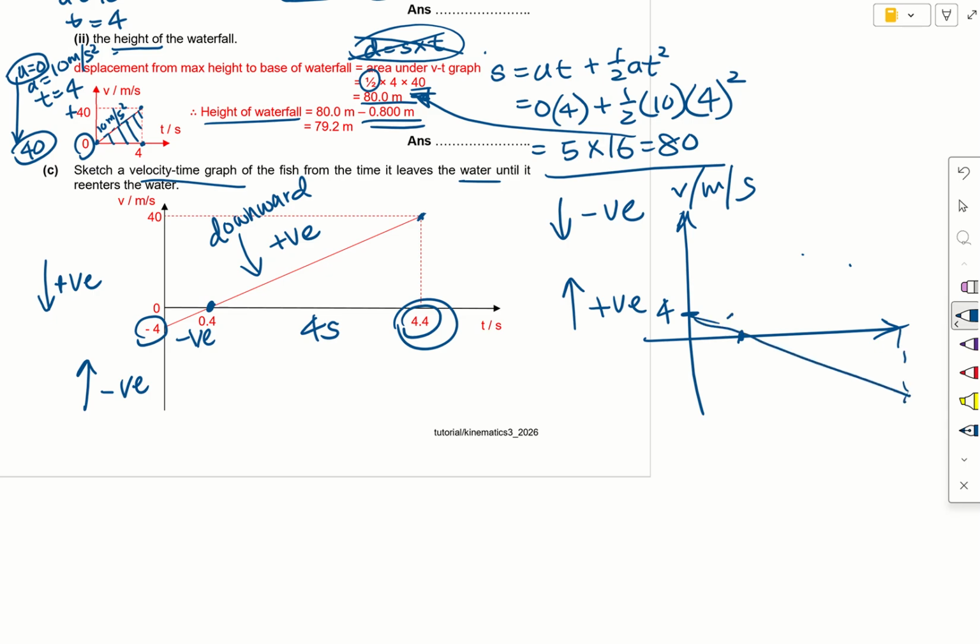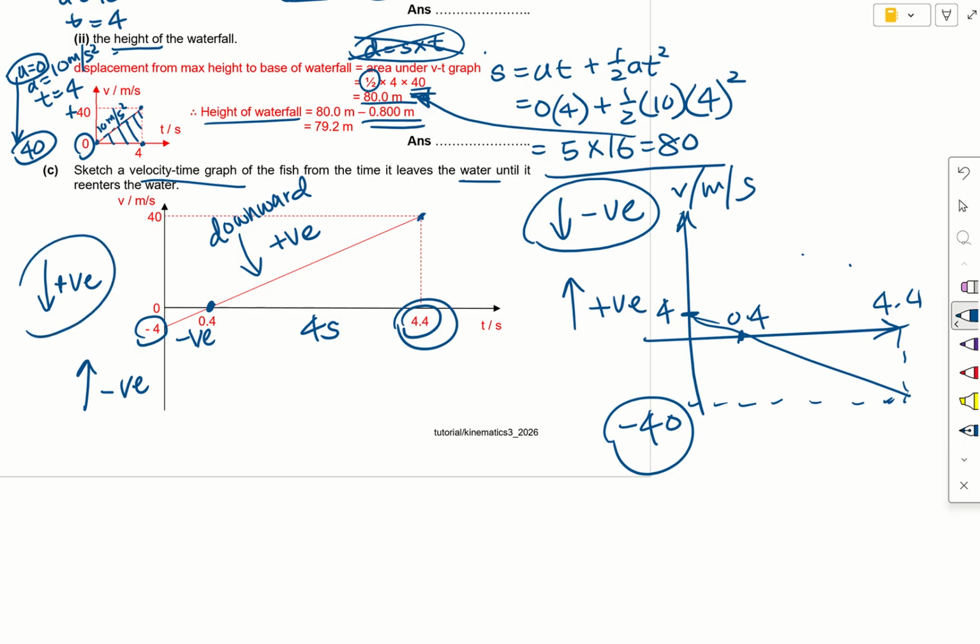It will take 0.4, 4.4, and the final velocity will become minus 40. Because you set downward to be negative, but for my solution, we set downward to be positive. So if you are having this shape of the graph, you are also correct.